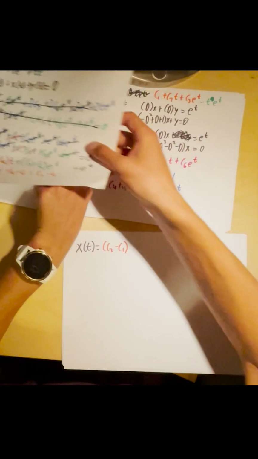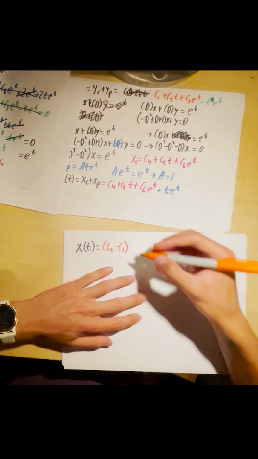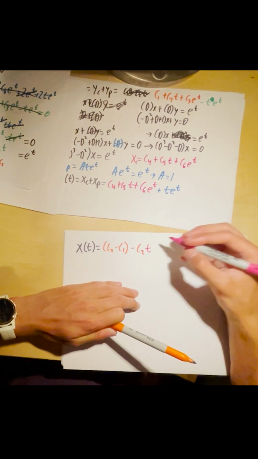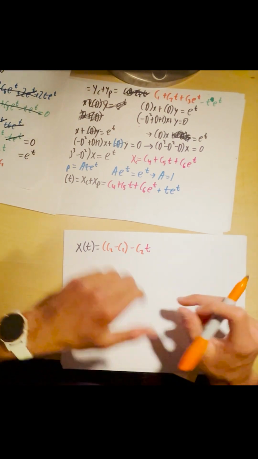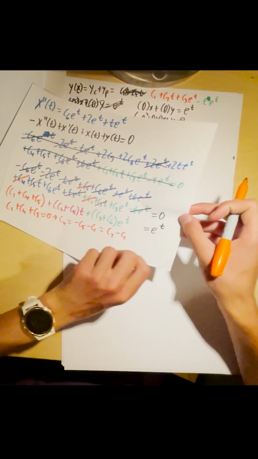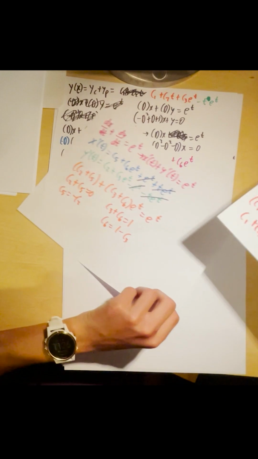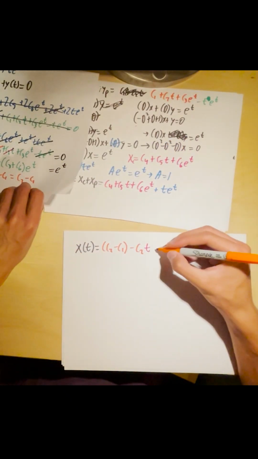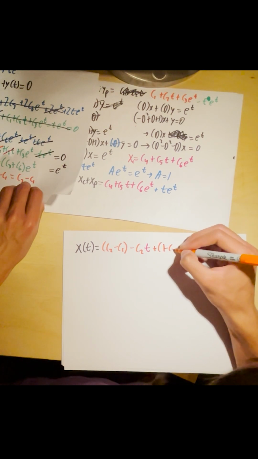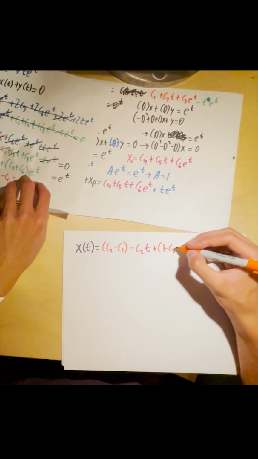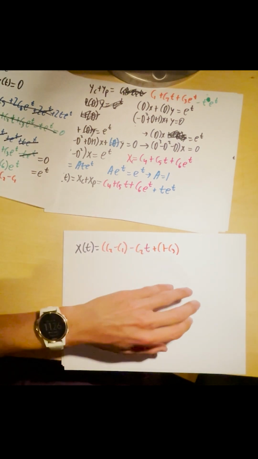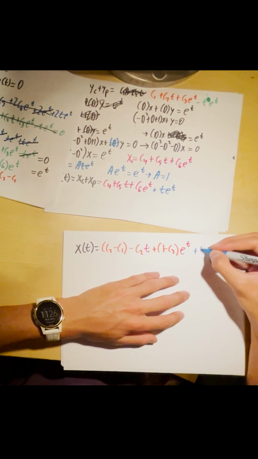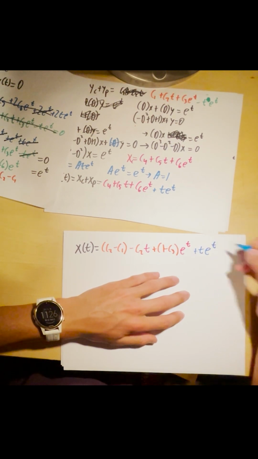So we can put a minus c2t, and then c6 we found was equal to 1 minus c3 right there, which I'm going to plug in here. 1 minus c3. And this is e to the t. And we have a plus t e to the t term.